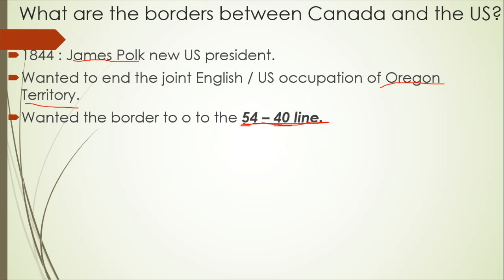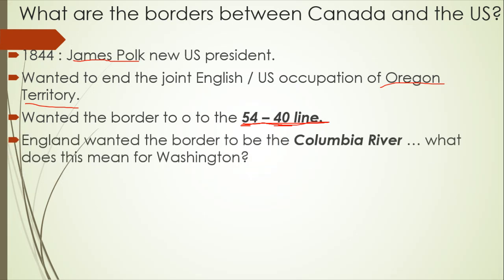Now, England, on the other hand, wants the border to be the Columbia River. What could this potentially mean for Washington? Now think about it. This is when I would normally ask you to turn and talk, but what if England got England's way and the border between the United States and England, which is now Canada, would be the Columbia River?